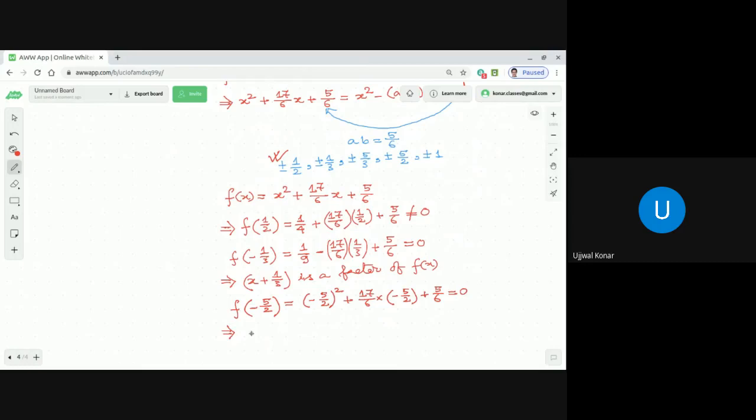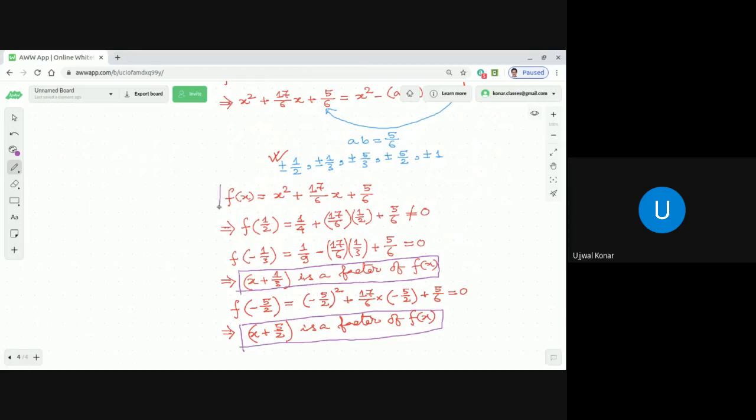So from here, we can say that x + 5/2 is a factor of f(x). So dear students, these two statements are very important. We found x + 1/3 is a factor of f(x), and we also found x + 5/2 is a factor of f(x).